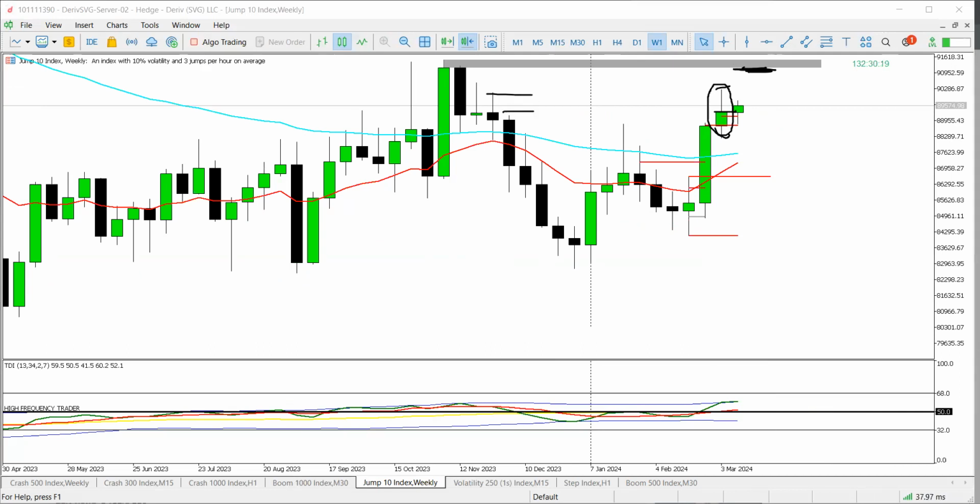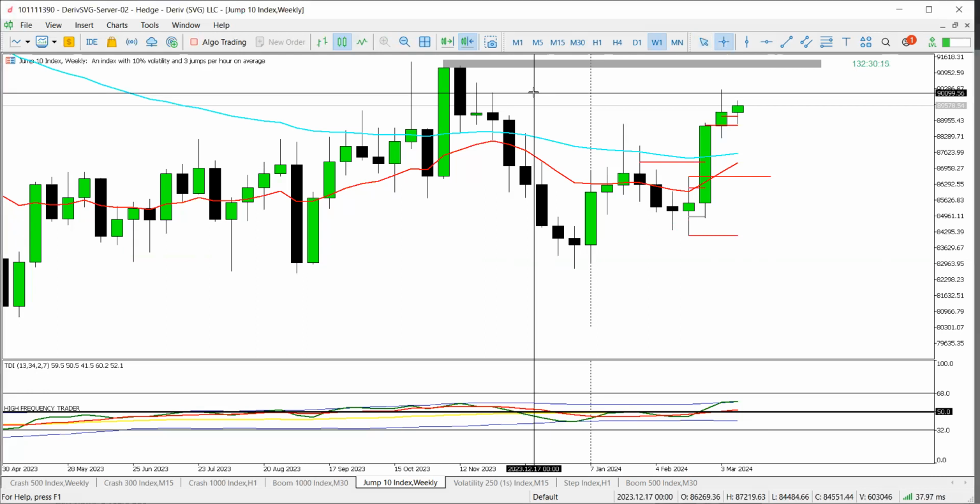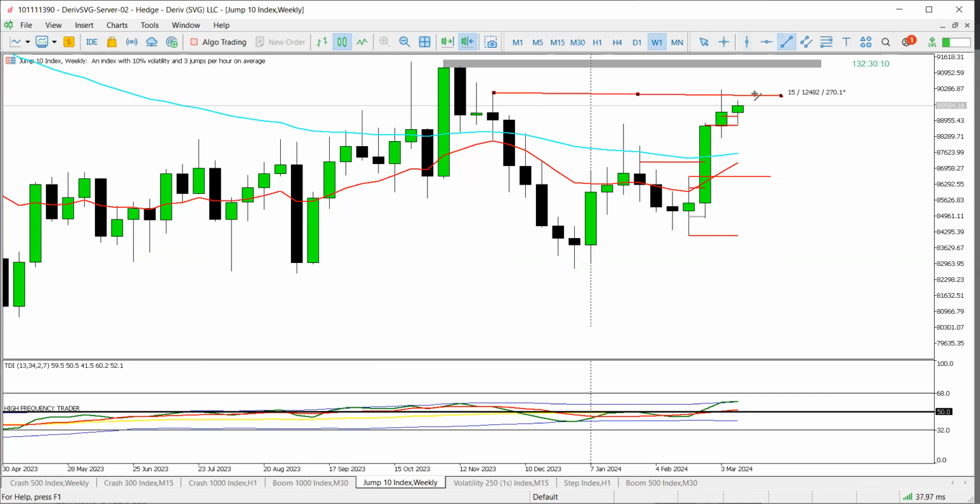Let's just confirm if it did exactly that. Okay, if you notice from this high here, price came and took out liquidity there, then it pushed down. So this price can play out either way. It can go up to this zone or it can retrace back to the moving average before the price continues up. So those are two setups which can potentially happen.